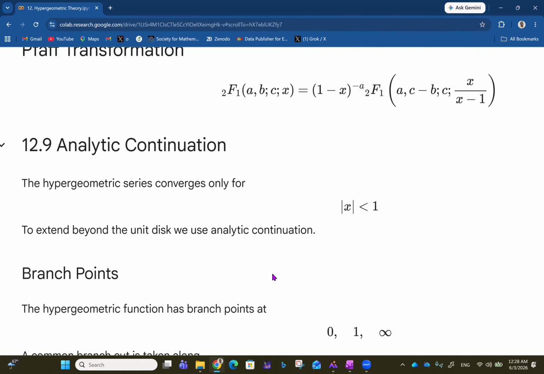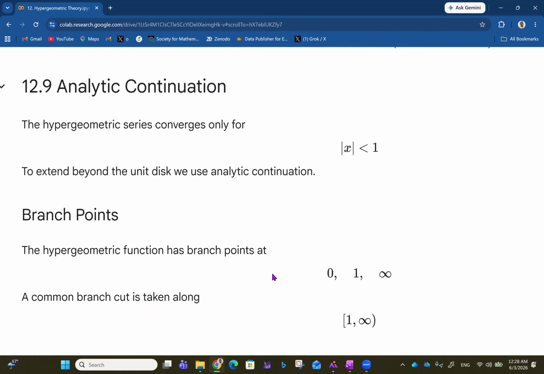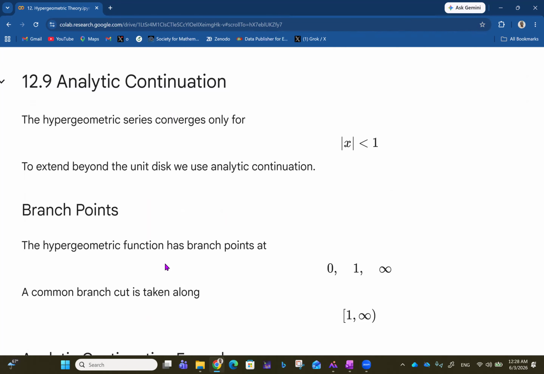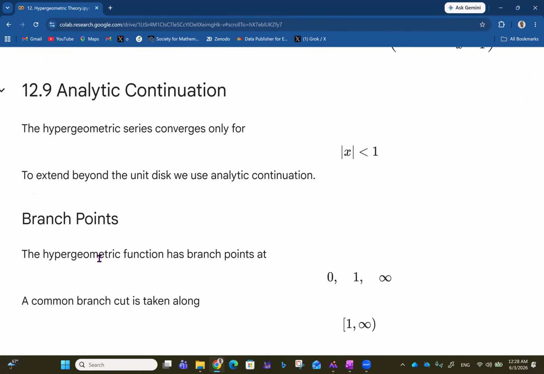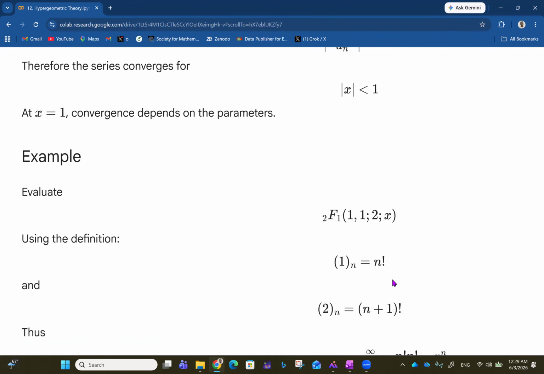Then we talk about analytic continuation. A hypergeometric series converges only for the absolute value of x less than 1. So to extend beyond the unit disk, we use analytic continuation. Then we talk about branch points. The hypergeometric function has branch points at 0, 1, and infinity. When we started, we talked about points of discontinuity.